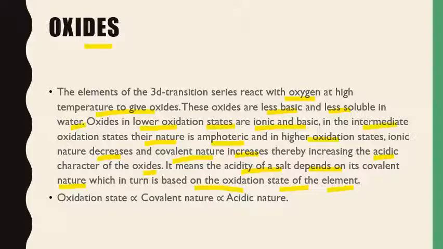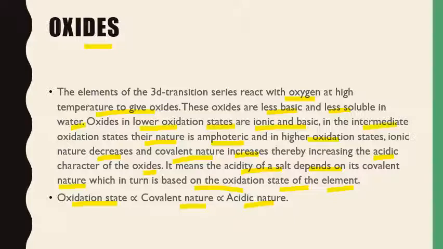And at the higher oxidation state, the oxides formed have covalent nature and possess acidic character. So we can say the oxidation state is directly proportional to the covalent nature, which is directly proportional to the acidic nature. For the remembrance, you should know this, okay?